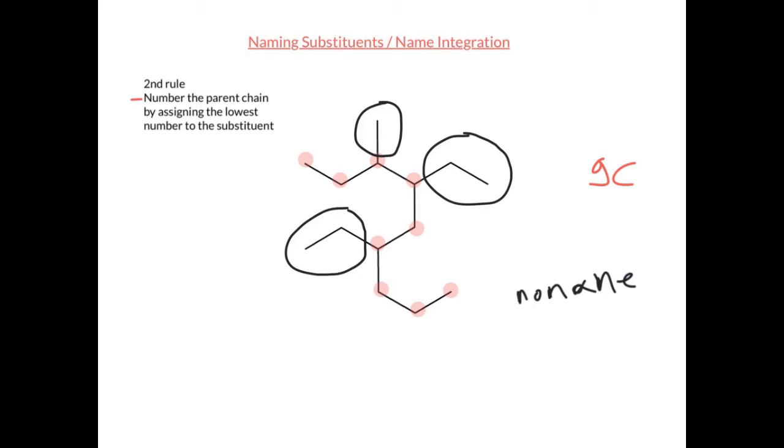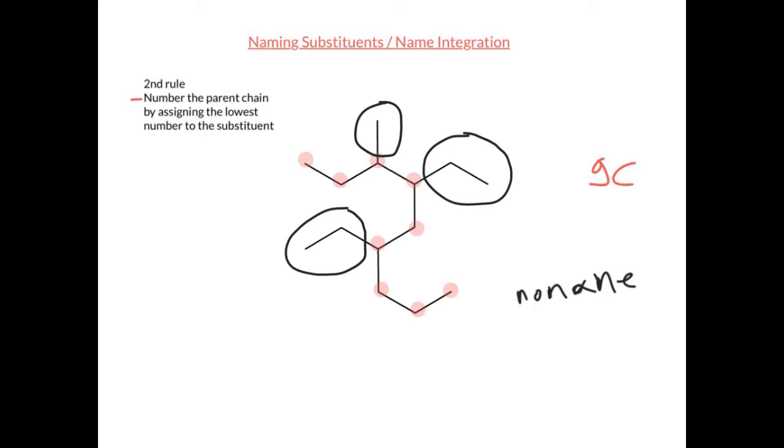In this tutorial, we're going to learn how to name substituents and how to integrate the name in chemical compounds. In the previous compound we have seen that it has 9 carbons in the parent chain, so the name will be nonane, and we have also identified substituents. Let's now name substituents.